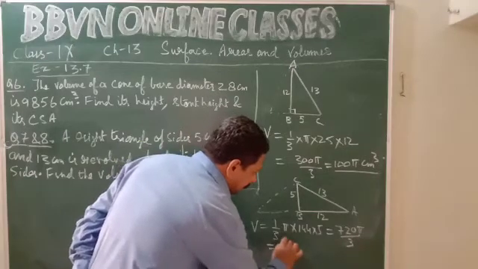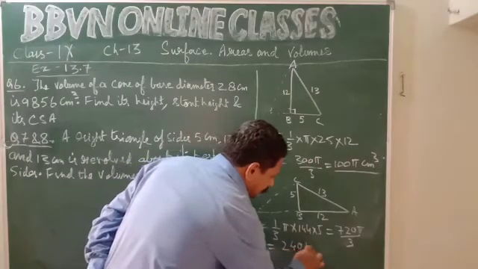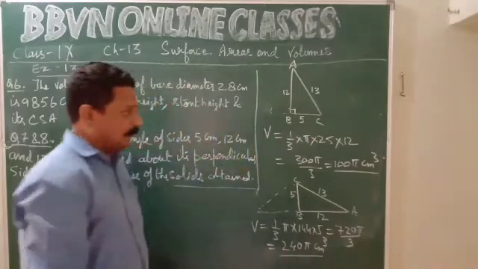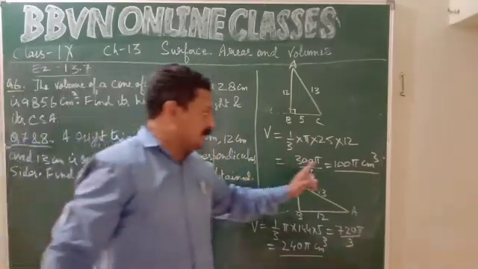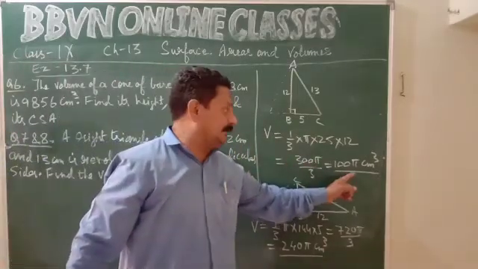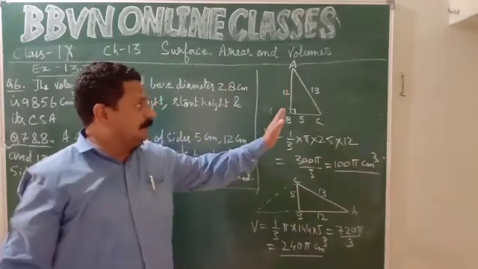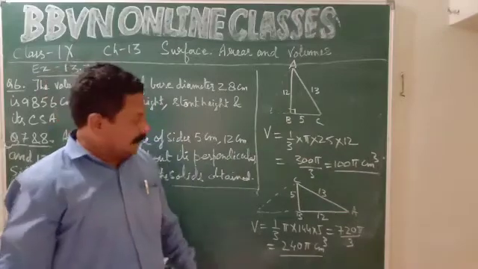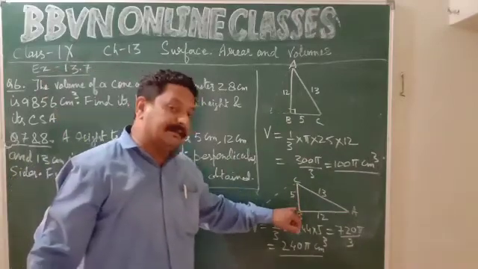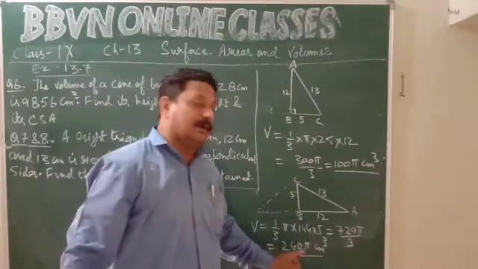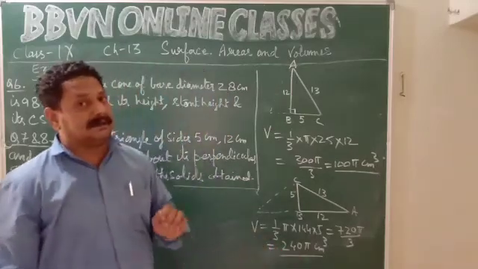So this becomes 240 pi centimeter cube. Got it, children? So in the first case, the volume was 100 pi centimeter cube when we revolved it along the side 12 centimeters. अब जब हम इसको 5 centimeter वाली साइड के along इसको revolve कर रहे हैं, so volume turns out to be 240 pi centimeter cube.